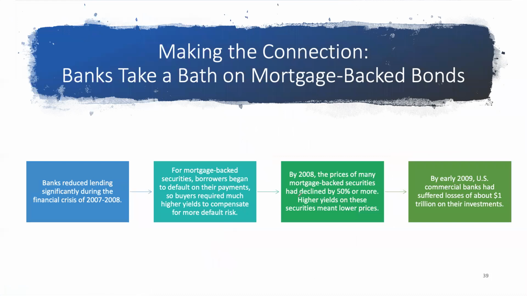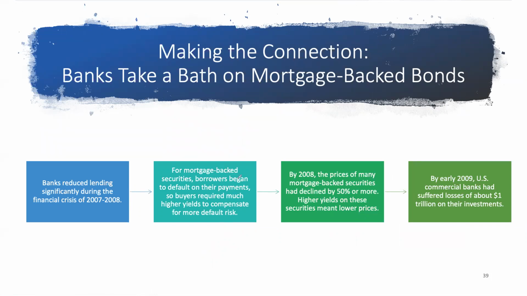Okay, so just to motivate why this matters, during the financial crisis of 2007 to 2008, banks began to reduce the amount of lending that they did, because they were already in a great deal of financial distress. They didn't want to continue to lend into that market, and they started to curtail how much lending they did.